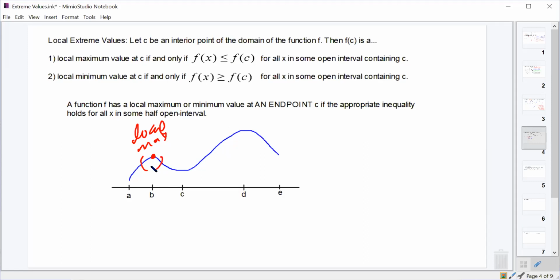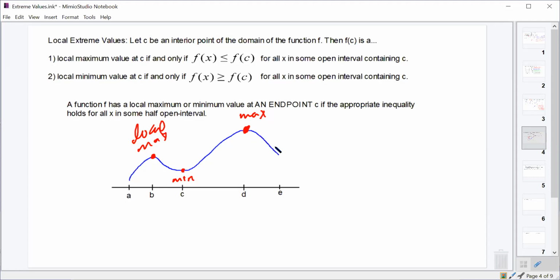It doesn't matter as long as I can draw an open interval around it where it's the highest point, then I can say that it's a local max. We have another one up here, right? Another local max. And on our domain from A to E, this one would be an absolute max also, but it's also still a local maximum as well. And then down here, we have a local minimum.